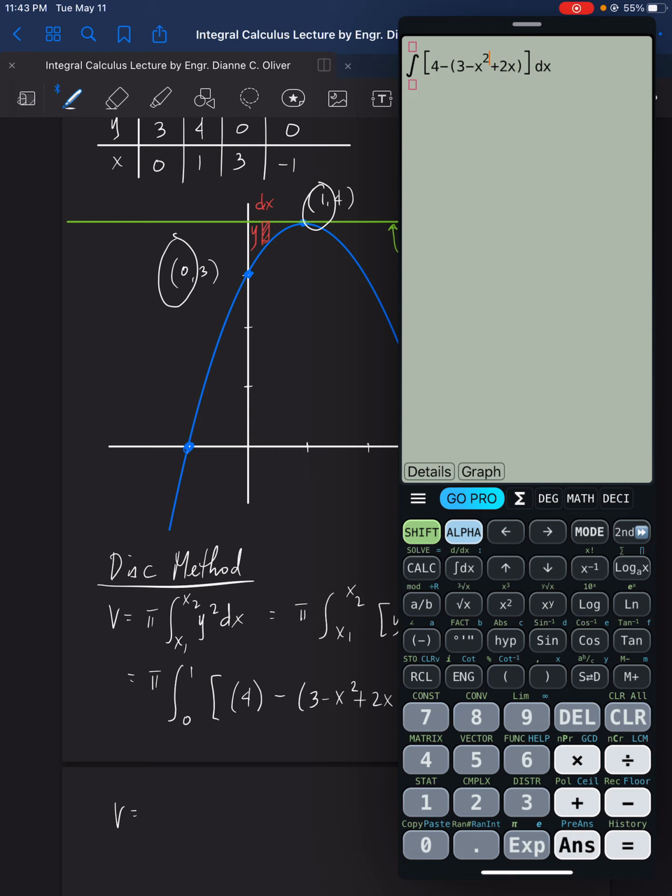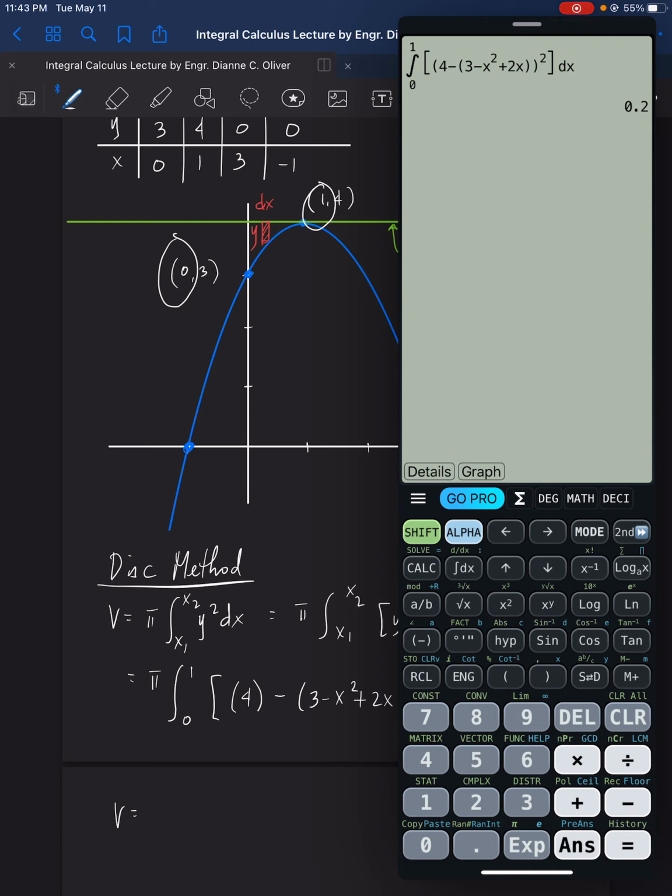I think I need to put here another parenthesis, and then squared. Then lower limit 0, upper limit 1. We're using degrees here.